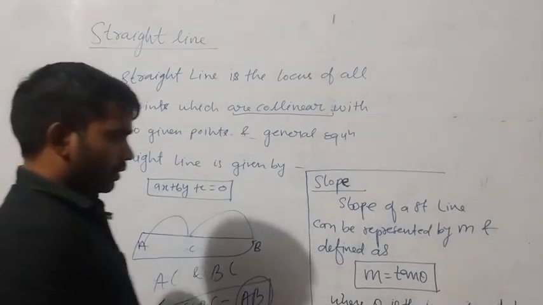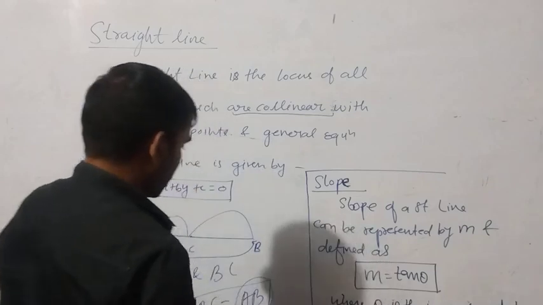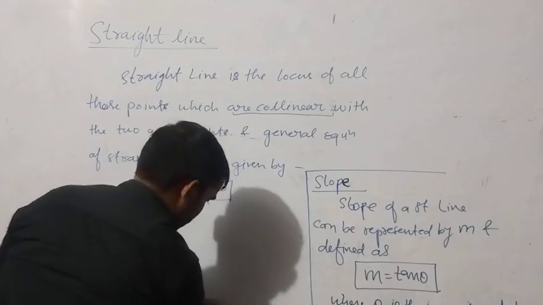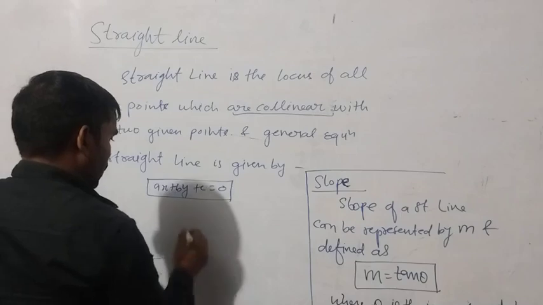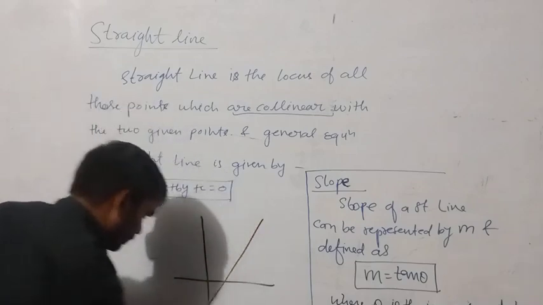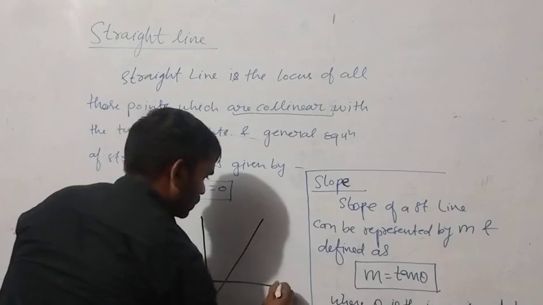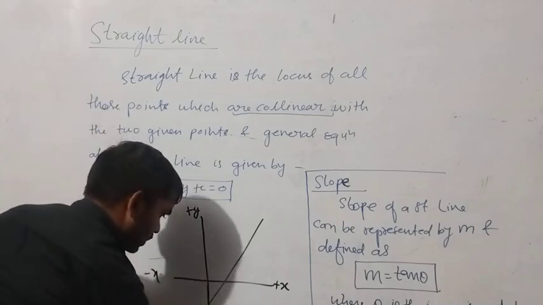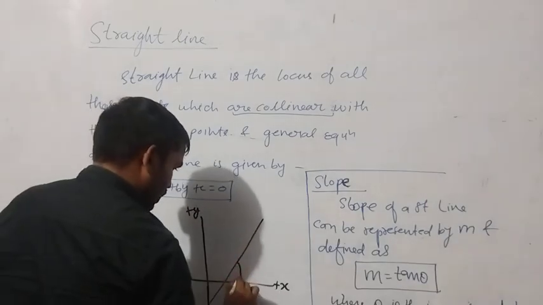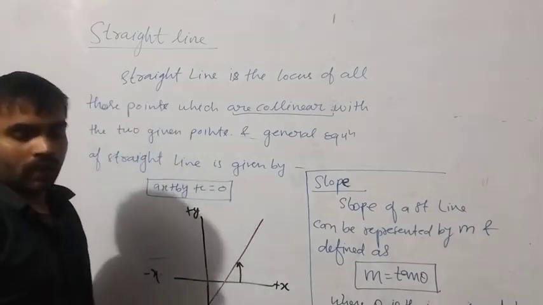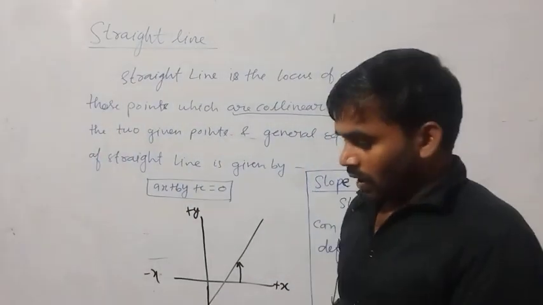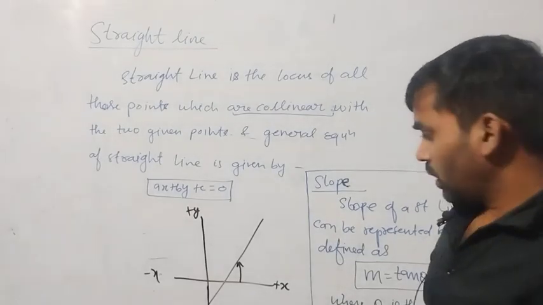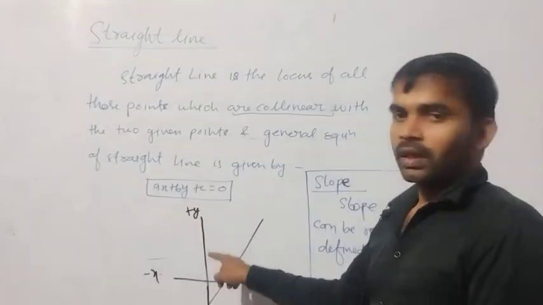Let me explain how we can calculate the positive angle with the positive direction of the x axis. If we have a line given in this form, this is the positive x, this is positive y, this is negative x, and this is negative y. If we move in the anti-clockwise direction, then the angle will be positive.